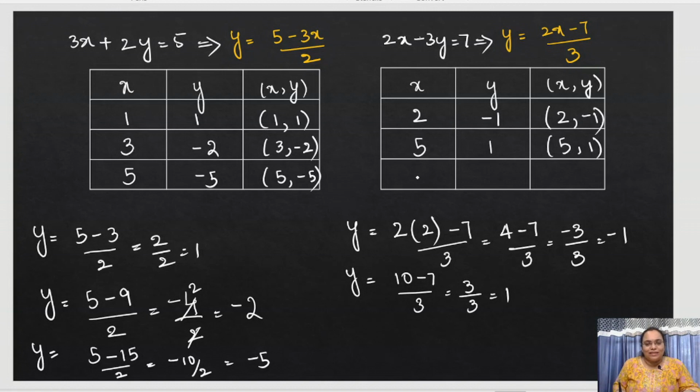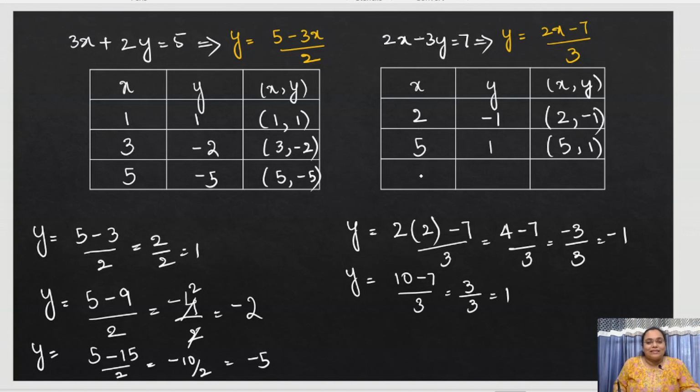If you put x equals 6 here, this is 12. 12 minus 7 is 5. You are getting a decimal. Okay. So let us avoid it. If you put x equals 7, this is 14. Correct? So 14 minus 7 is 7. 7 by 3, again a decimal. So let us avoid it.